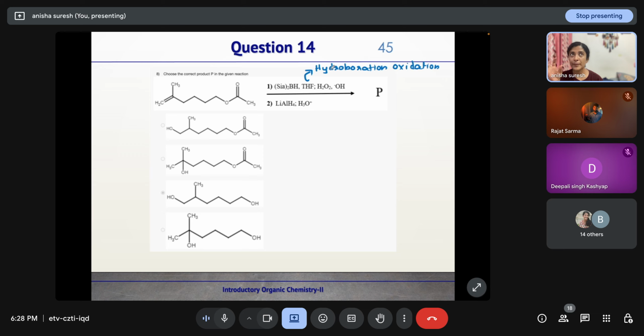According to this, anti-Markovnikov addition of hydroxyl will take place. So the hydroxyl group will come on the least substituted side of the alkene.